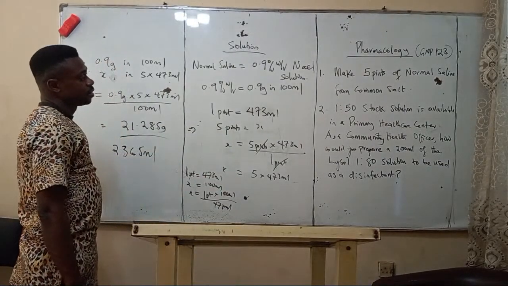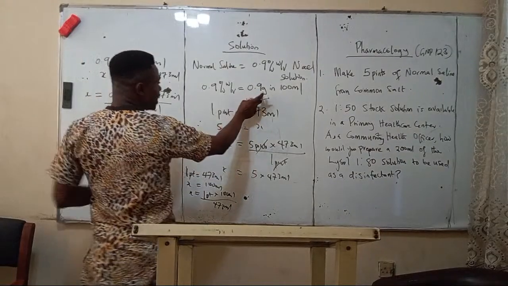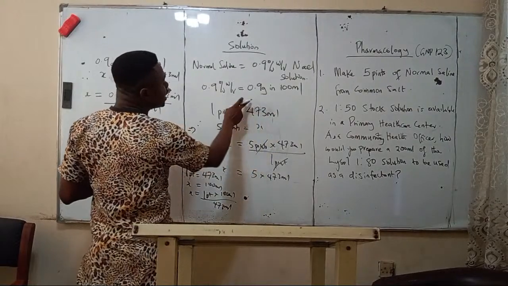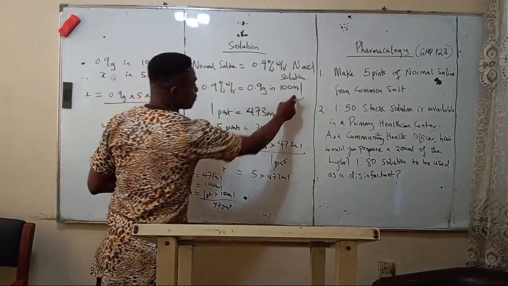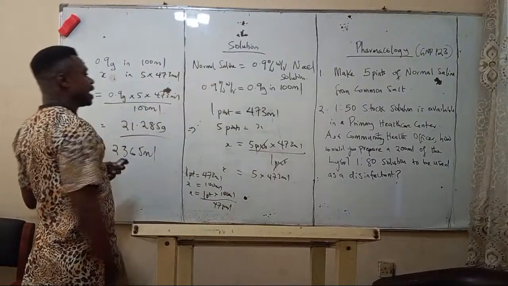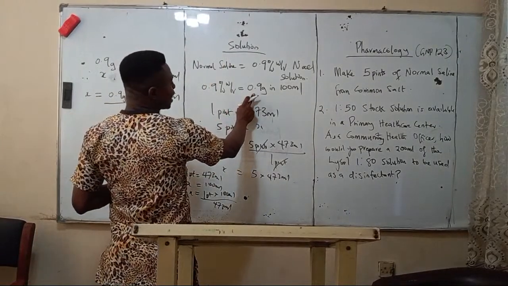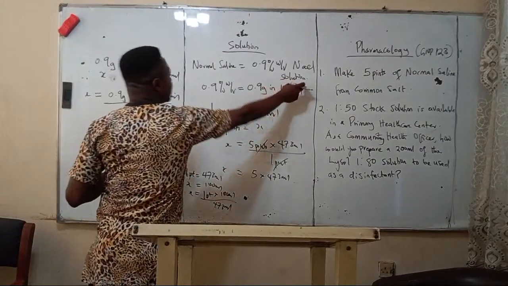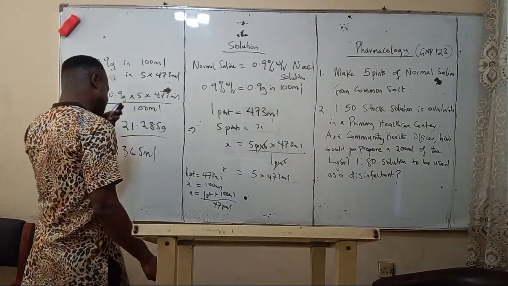pints. But we only have that 0.9 gram in this amount of pints. Now, how many grams will be in 5 pints? We can multiply this 0.9 gram by 5 pints, divided by the pints we got here.